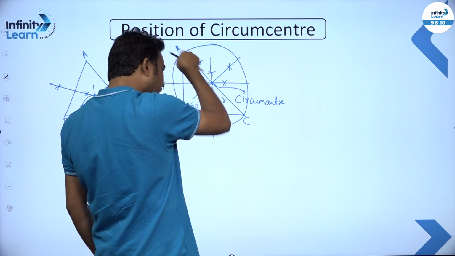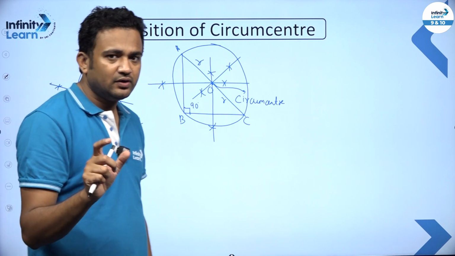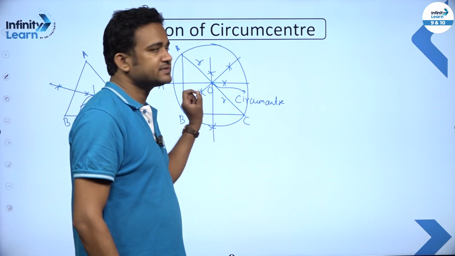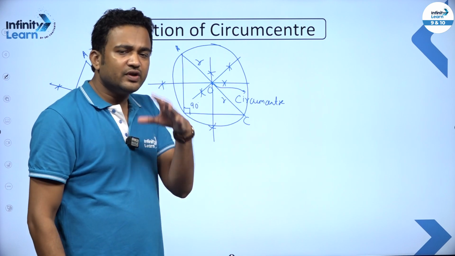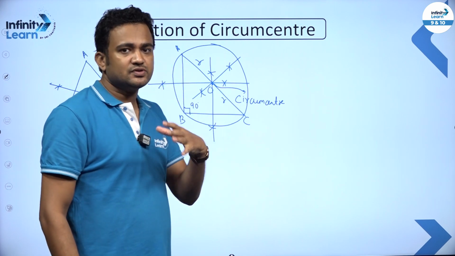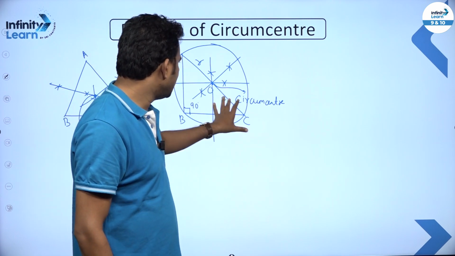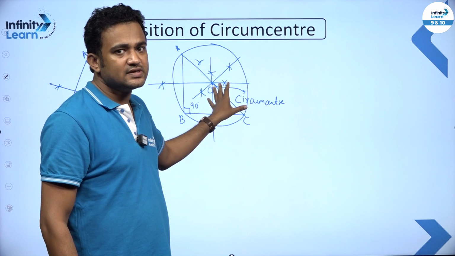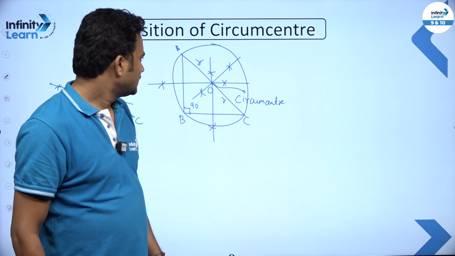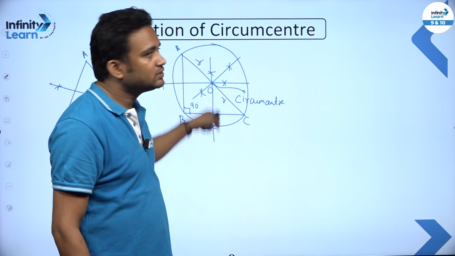So, the midpoint of the hypotenuse of a right angle triangle is always the position of circumcenter, and from here we can also say that half of the hypotenuse will be the radius of the circumcircle, right? Because this AC will be the diameter, then half of AC will be the radius of the circumcircle, right? And in the case of a right angle triangle, circumcenter will lie on the triangle.